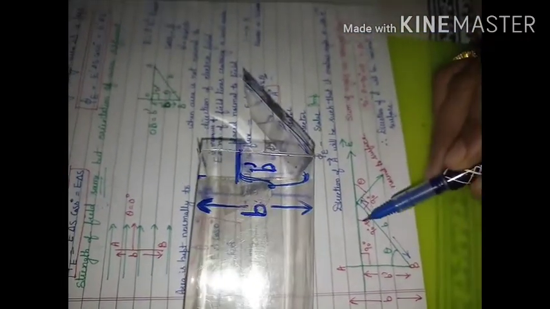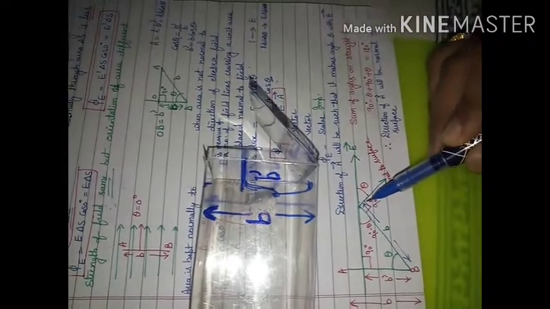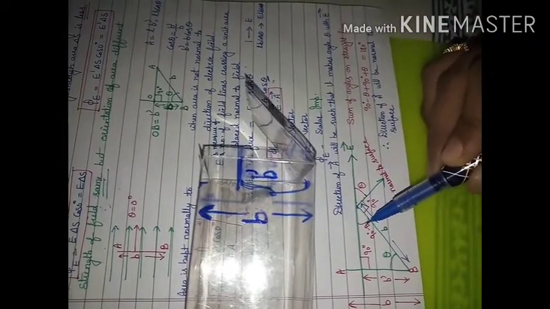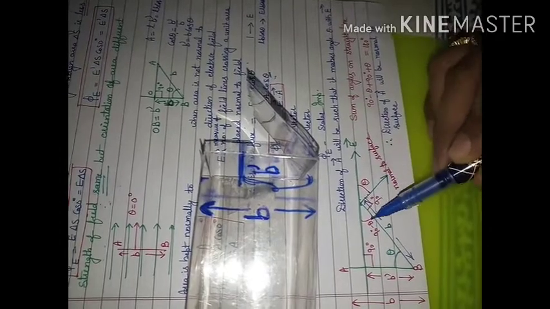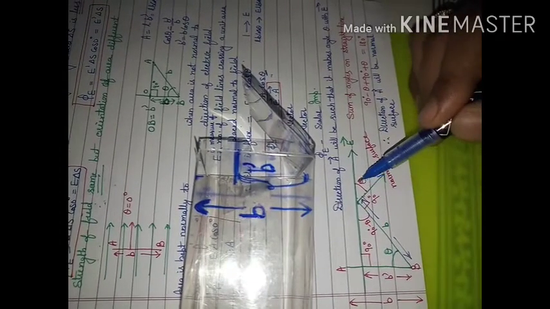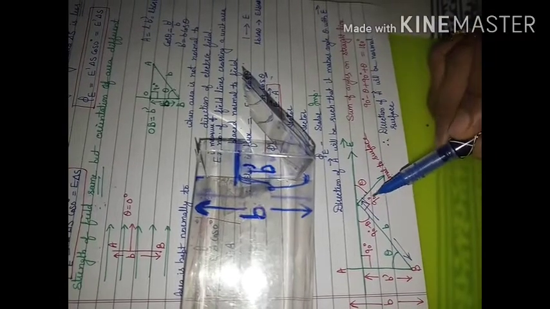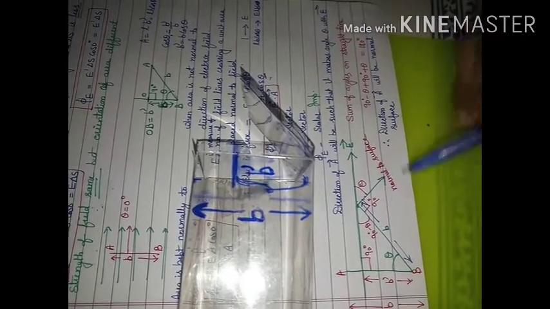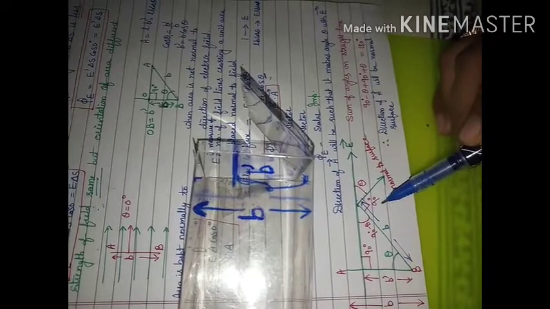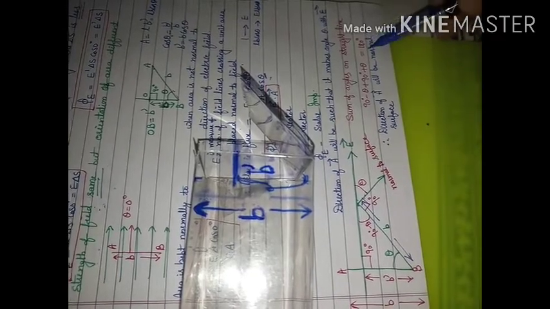So in this diagram, just focus, this is 90 minus theta, this is 90 degree. If you consider the sum of all these angles to be 180, then this angle will come out to be theta. Or you can check whether their sum is 180 or not: 90 minus theta plus 90 plus theta will give you 180 degree.